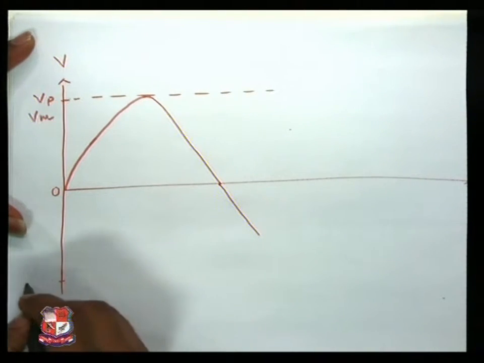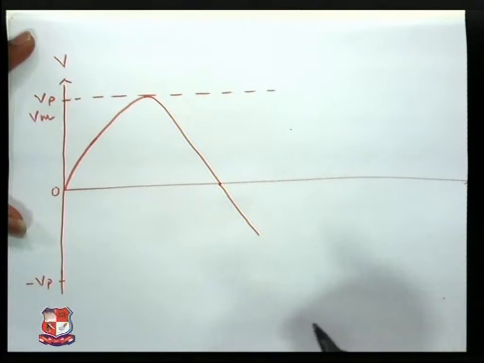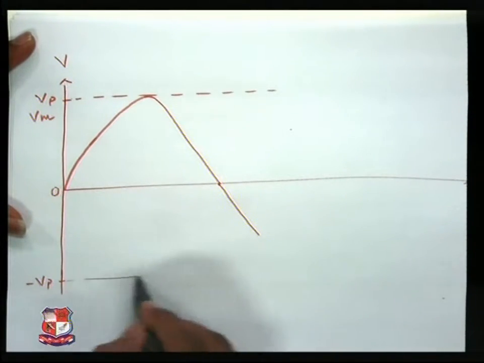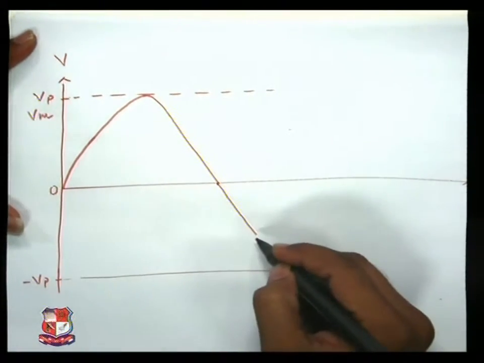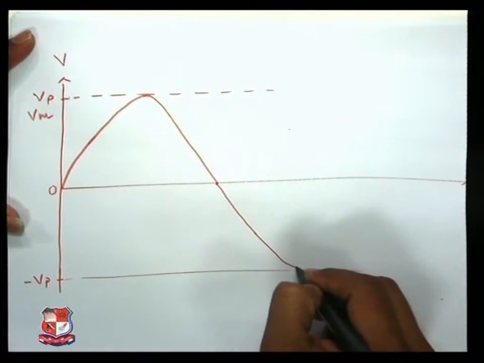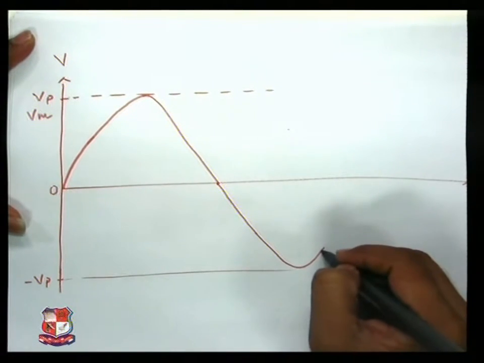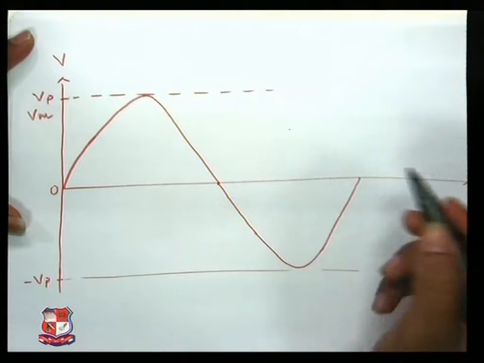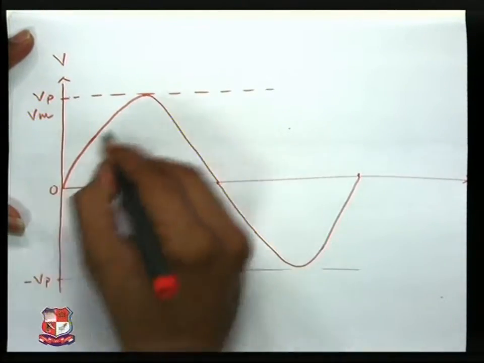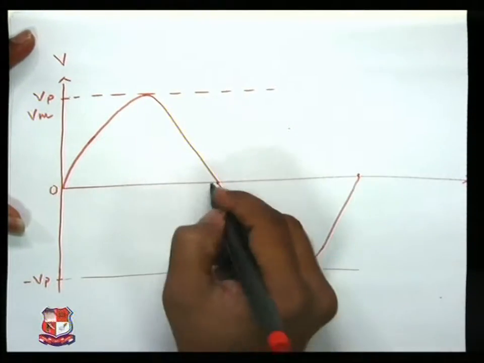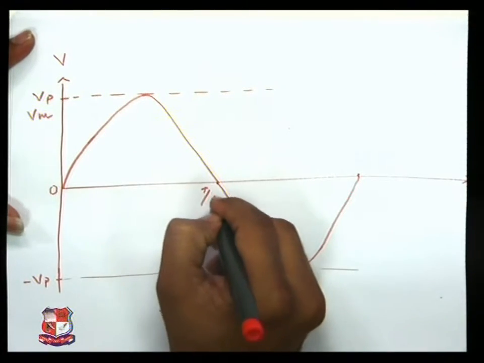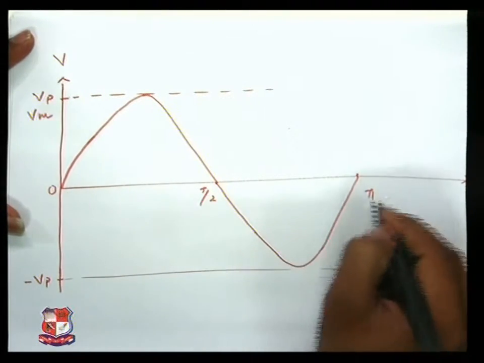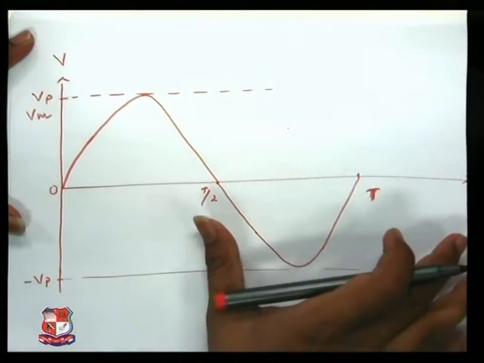Again there is one peak level on the negative side, so it reaches that level, decreases again, and reaches 0 again. So this is at least one cycle, 0 to T by 2, and for the T, so 0 to T is the total time period.